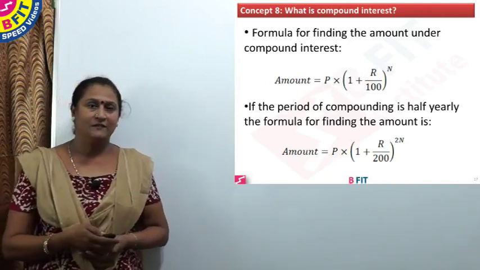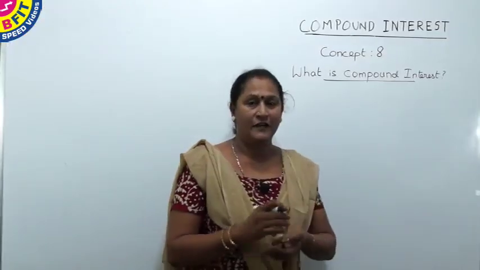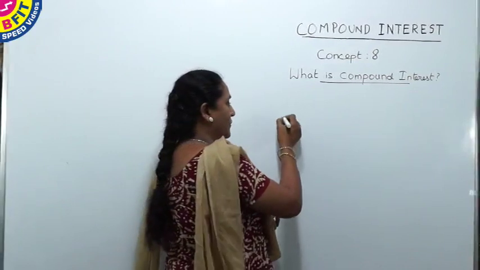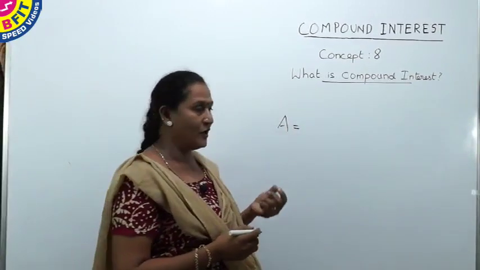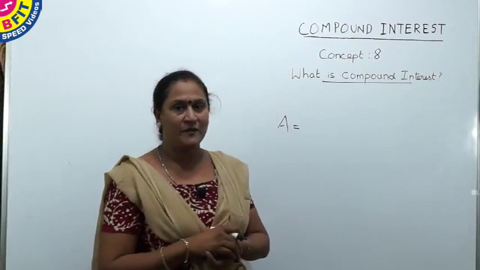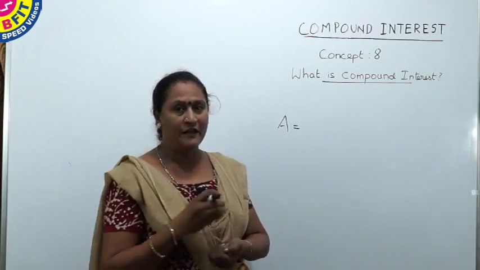So we'll see the workings of compound interest. To find the compound interest, we have the formula to find the amount. A is the amount which is got after the interest is added to the principal. In compound interest, we have a direct formula to find the amount itself.